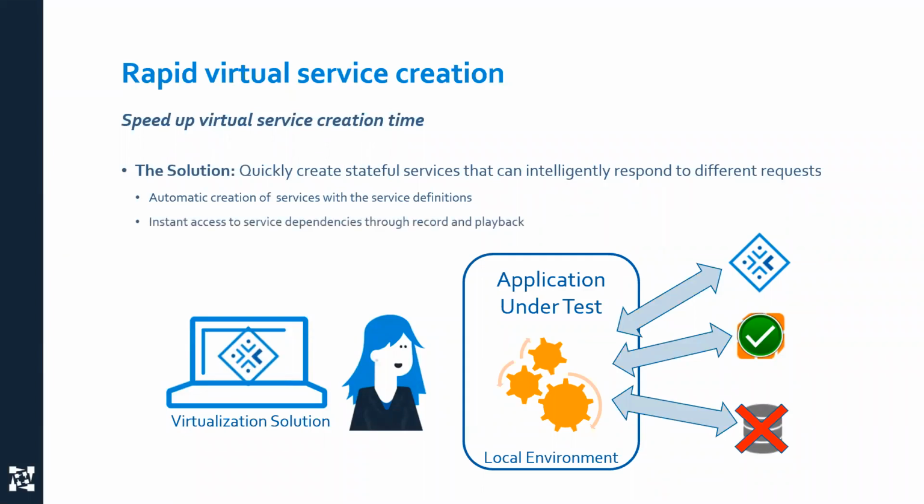Now, going forward, you're going to want to be able to capture the logic and the data of that virtual service. So your service virtualization solution should have the ability to create virtual services through record and playback. I actually think this is one of the best ways to build virtual services because you get a lot of things at once.